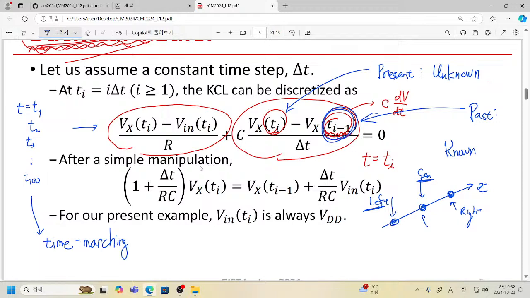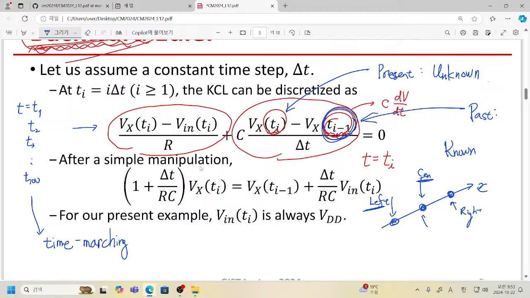Time has a clear direction from past to future. However, in space, do you have any preference for the positive x direction over the negative x direction? You don't have any kind of preference. So that's the reason why.